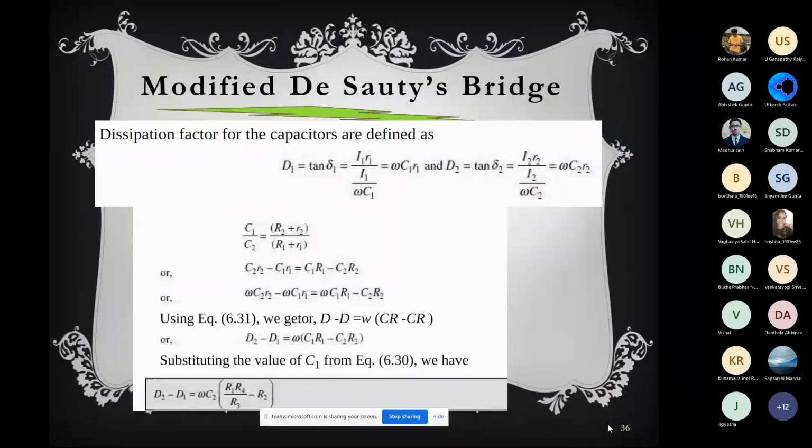So we subtract D2 minus D1, and we get omega (C1 r1 minus C2 r2). Here there is a problem, just wait.